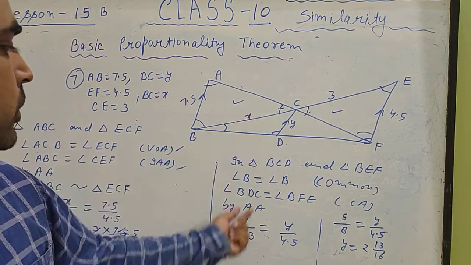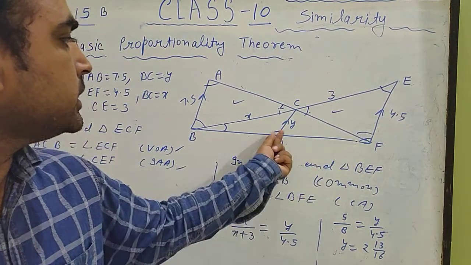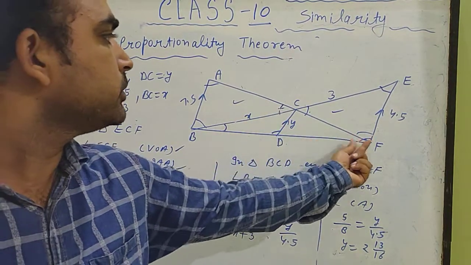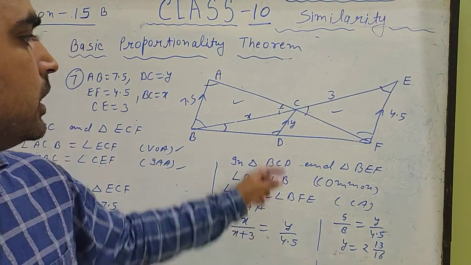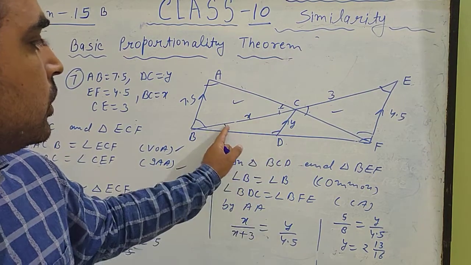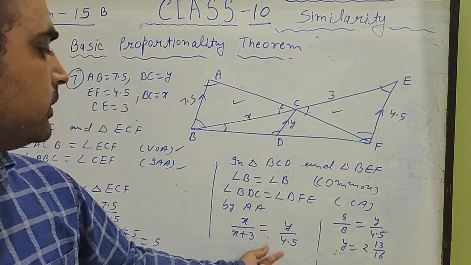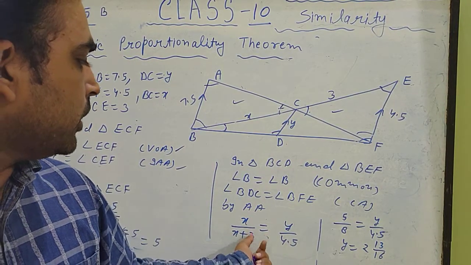x upon, this angle is equal to this angle, corresponding. Opposite of this is x and opposite of this is x plus 3. So x upon x plus 3 is equal to, this is the common angle, opposite of this is y and opposite of this is 4.5. So x upon x plus 3 is equal to y upon 4.5. Now put the value of x.